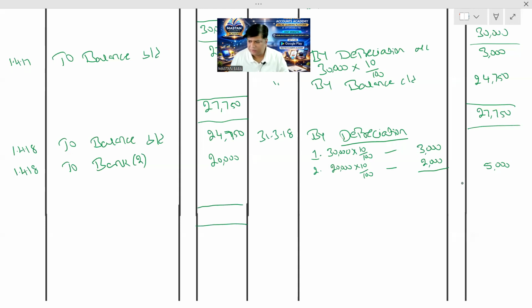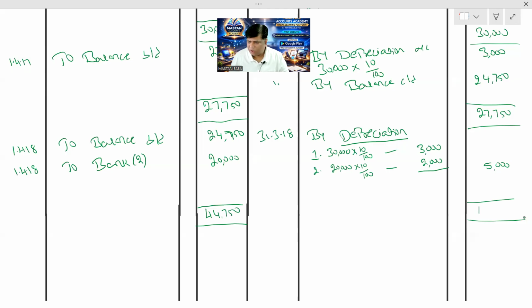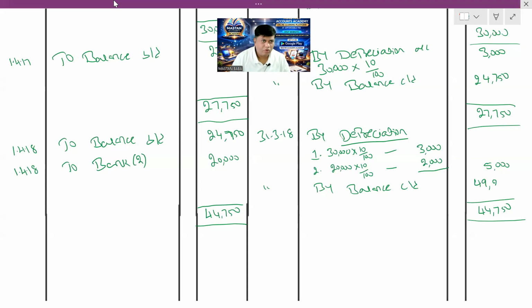Now balance again. 20 plus 24,750, 44,750. By balance carried down, 44,750 minus 5,000 will get 49,250. Sorry, 39,250.